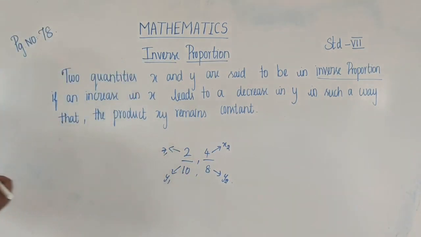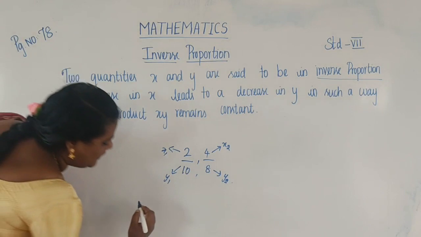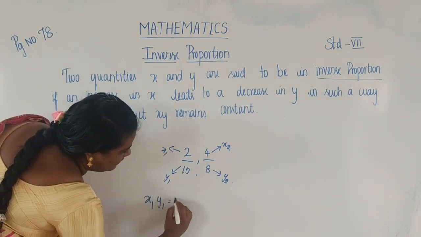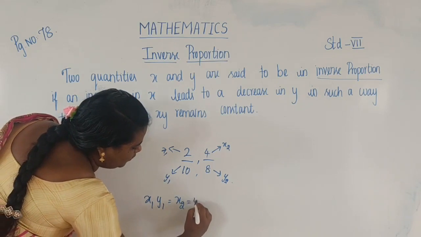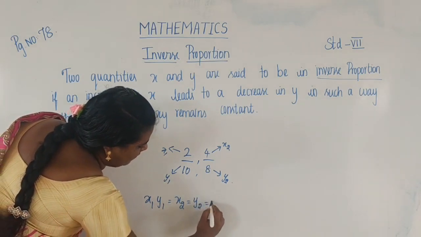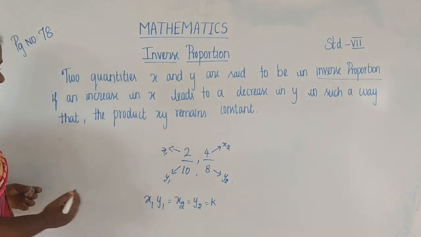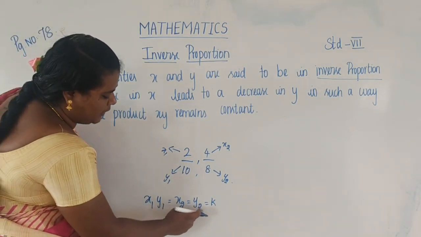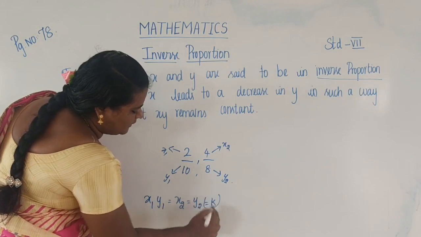For inverse proportion we write x1 y1 equal to x2 y2 equal to k, a constant, any number.